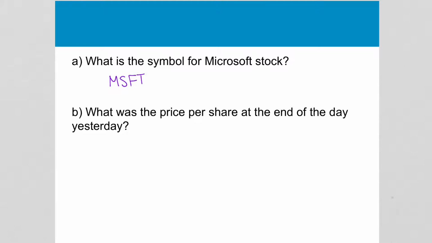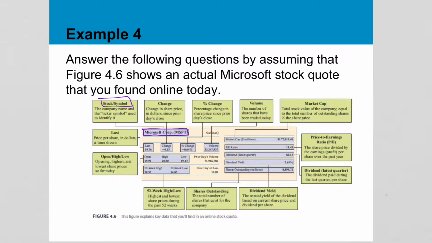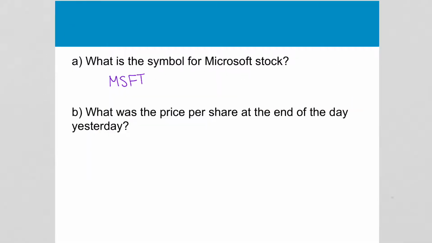What was the price per share at the end of the day yesterday? Okay, so the price per share today is this here where it says price per share. So $19.76.